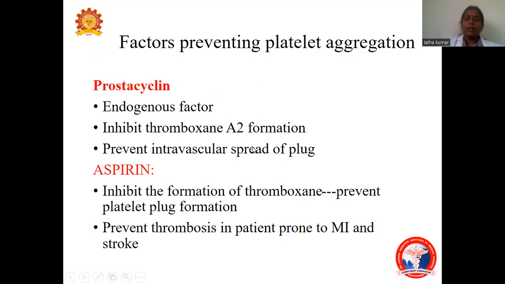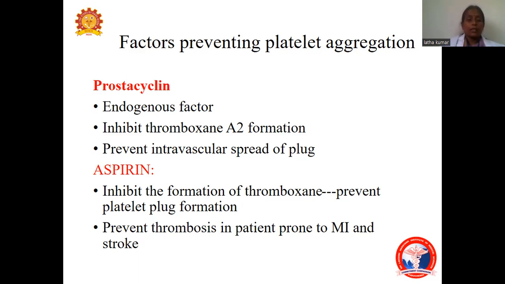So, factors preventing platelet aggregation. What is platelet aggregation? It is one of the important steps in the hemostasis. Some factors prevent the platelet aggregation so that it prevents the blood clotting. Mainly two factors prevent the platelet aggregation: prostacyclin and aspirin.